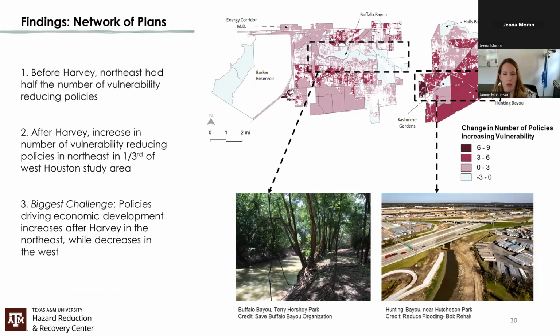These maps, again, the one on the left is that more affluent neighborhood. The one on the right is the one that's more socially vulnerable. What she found was that there were, of course, more policies that were exacerbating vulnerabilities in the socially vulnerable neighborhood.